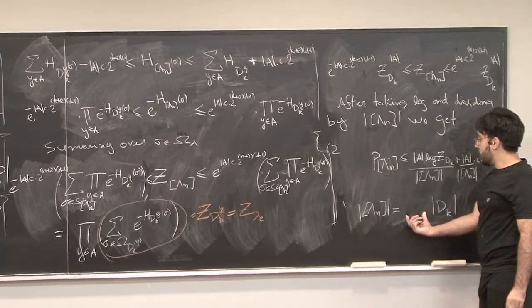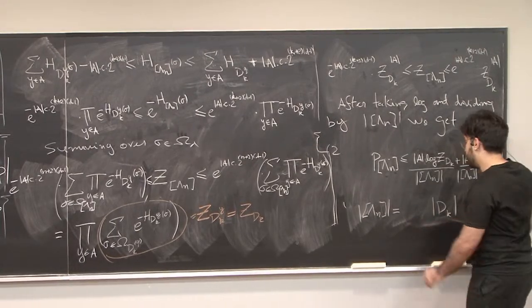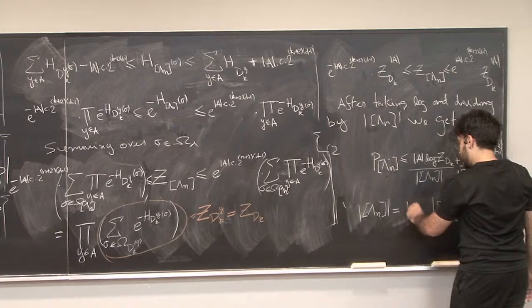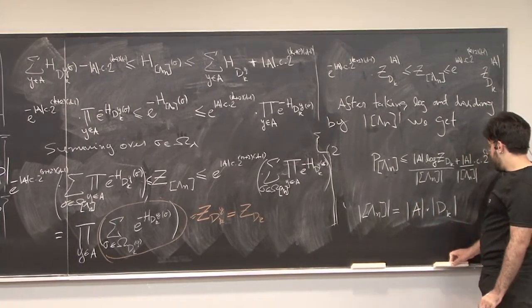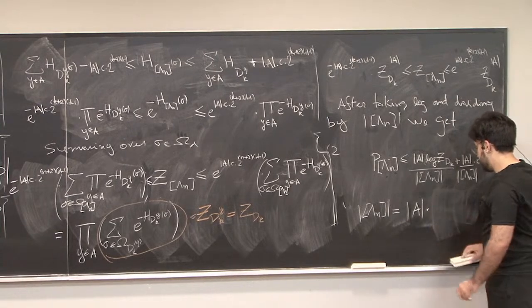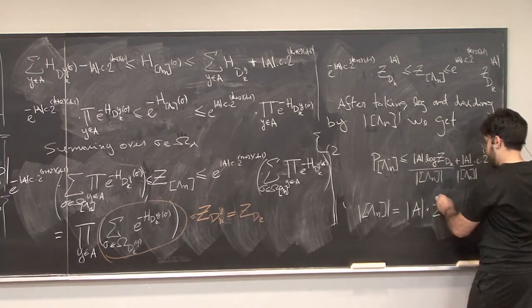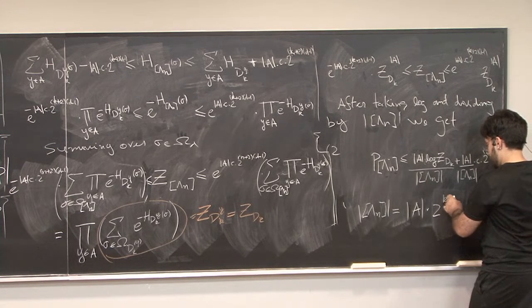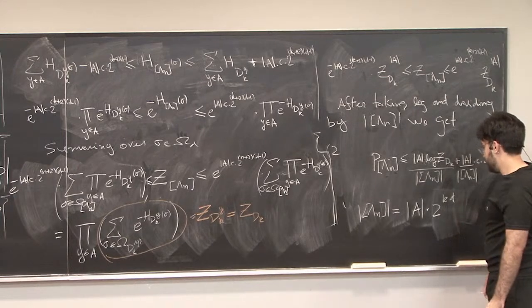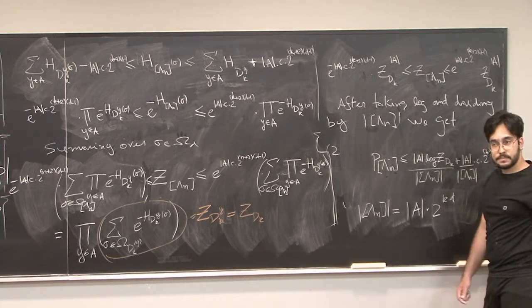And I have exactly A cubes. So this is A times the size of d_k. And what is the size of d_k? It is 2 to the power k, 2 to the power kd. Right?